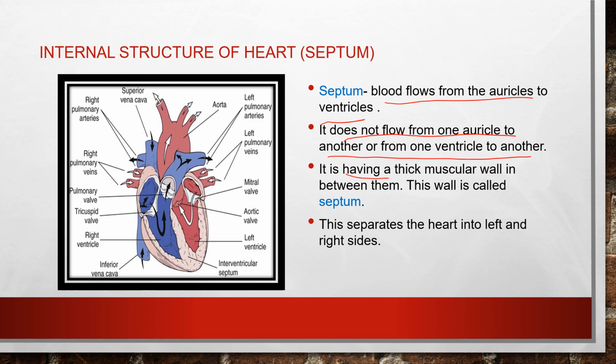Because there is a thick muscular wall between them, and this wall is called the septum. Between these two auricles, the wall is called the interauricular septum, and between these two ventricles, it is called the interventricular septum.